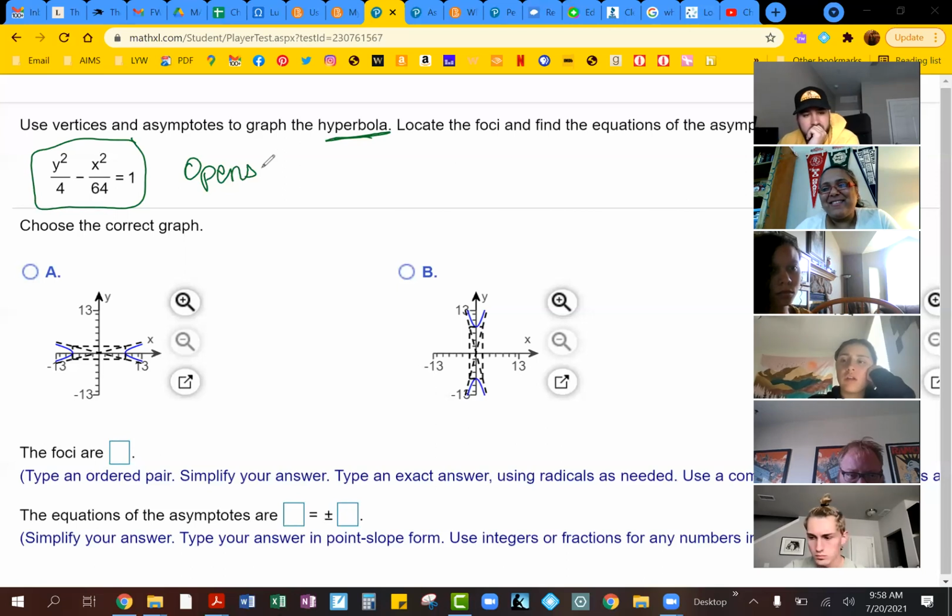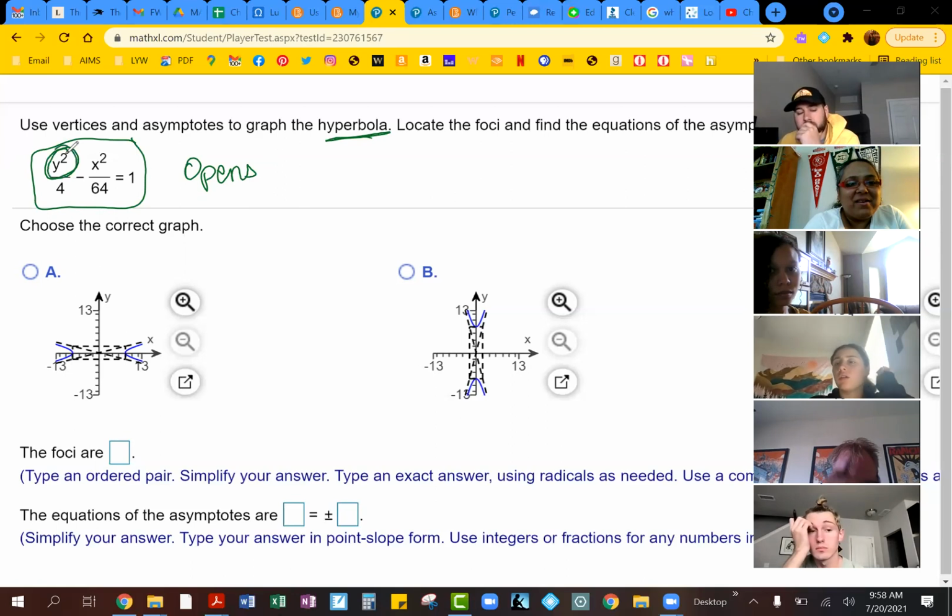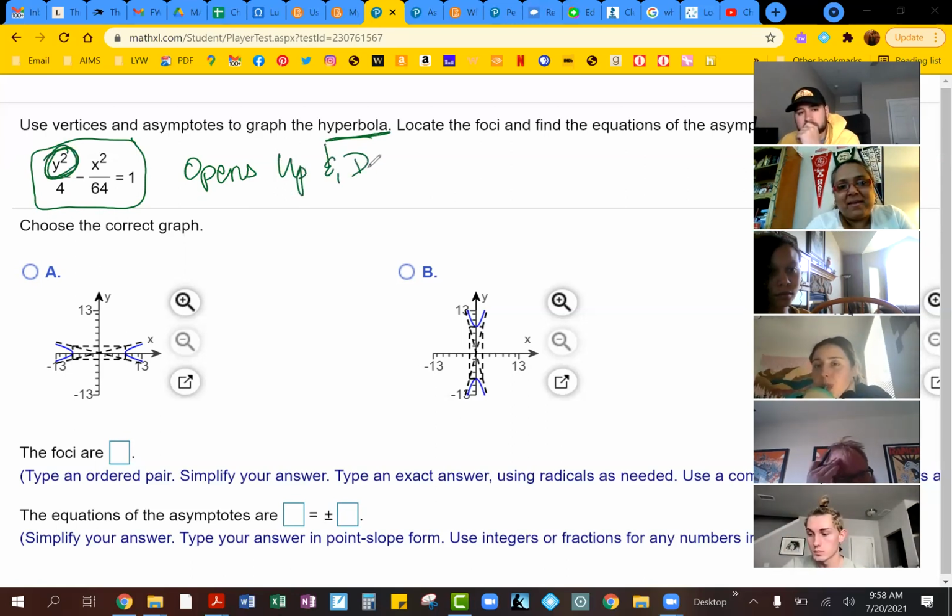Oh, come on, guys. You just did this week. Opens up, down. Very nice, Michael, because your y squared is the first variable. So this one actually opens up and down.